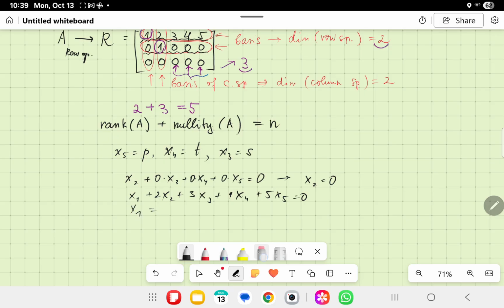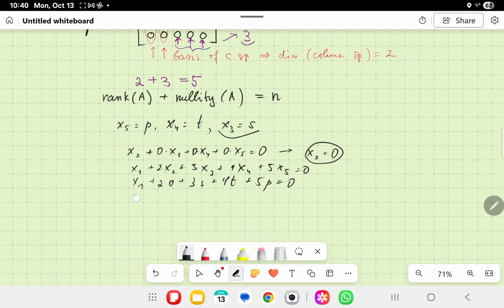Plus 2 multiplied by 0, since I know that x2 is equal to 0, plus 3s plus 4t plus 5p equals 0, from where I can calculate that x1 equals minus 3s minus 4t minus 5p. Well, I picked the reduced row echelon form to make the solution very, very quick.